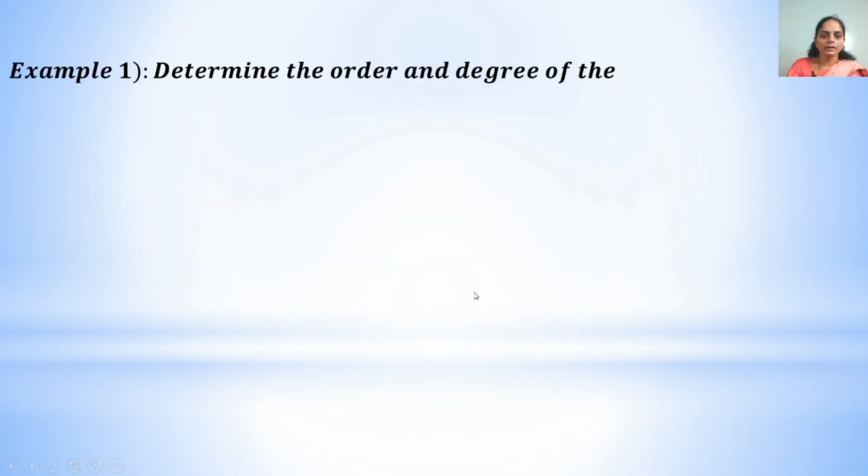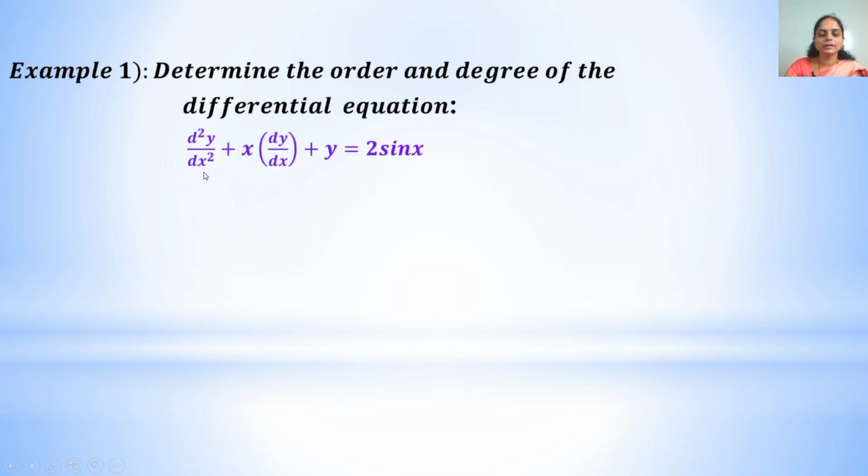Our first example is determine the order and degree of the differential equation, and the differential equation is d²y/dx² + x·dy/dx + y = 2 sin x. Let's start the solution. First we write the given differential equation.